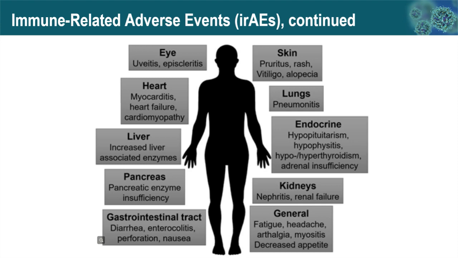In the kidneys, nephritis, renal failure have been reported. In the gastrointestinal tract, diarrhea, enterocolitis, bowel perforations, and nausea have been reported. And lastly, general manifestations of immune-related adverse events include fatigue, headache, arthralgias, myositis, and decreased appetite.